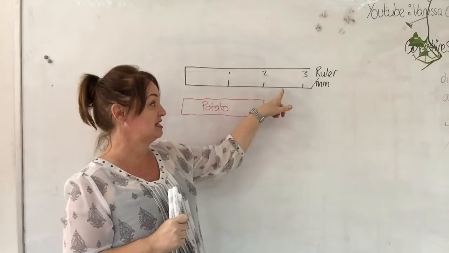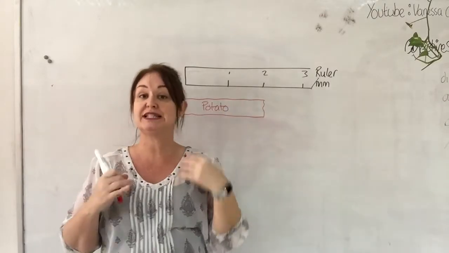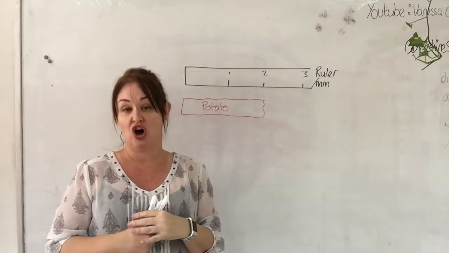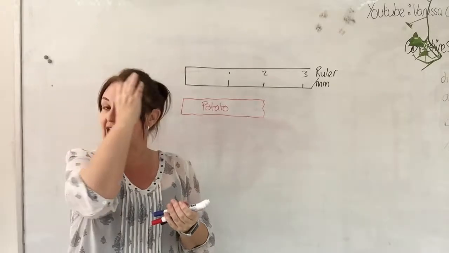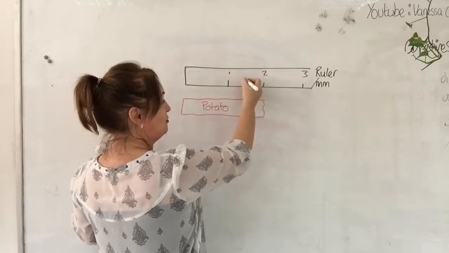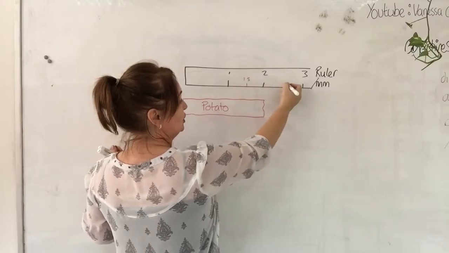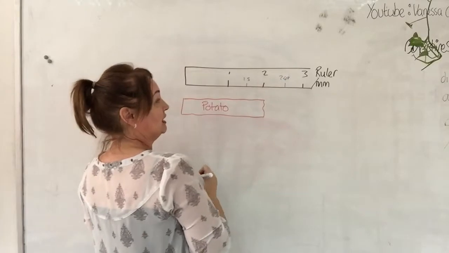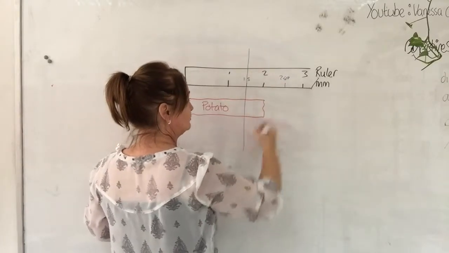Even if the potato had measured 2.4, we still would have read it as 2 millimetres because that is the resolution of our instrument. So we have an uncertainty from 1.5 to 2.49.